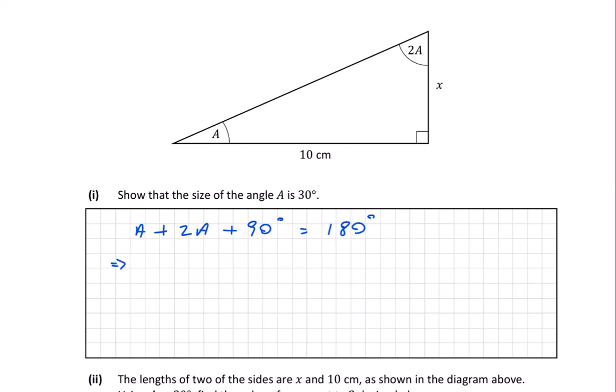A plus 2A is 3A, plus 90 is equal to 180 degrees. Subtract 90 from both sides, so you get 3A is equal to 90 degrees. Then the 3 is multiplied by the A, so we're going to divide by 3 to give us 30 degrees. And that's really all you have to do for part A.